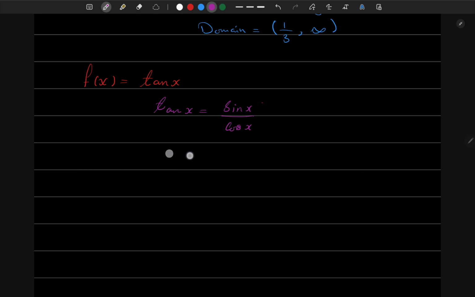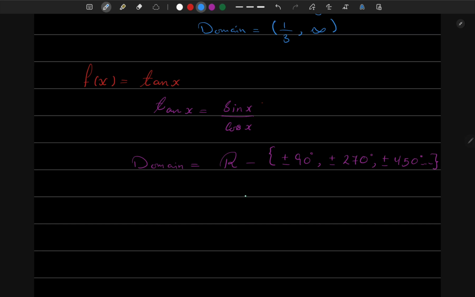So in this case, I can say that the domain for this function equals all values except for positive or negative 90 degrees, positive or negative 270 degrees, positive or negative 450 degrees, and so on.